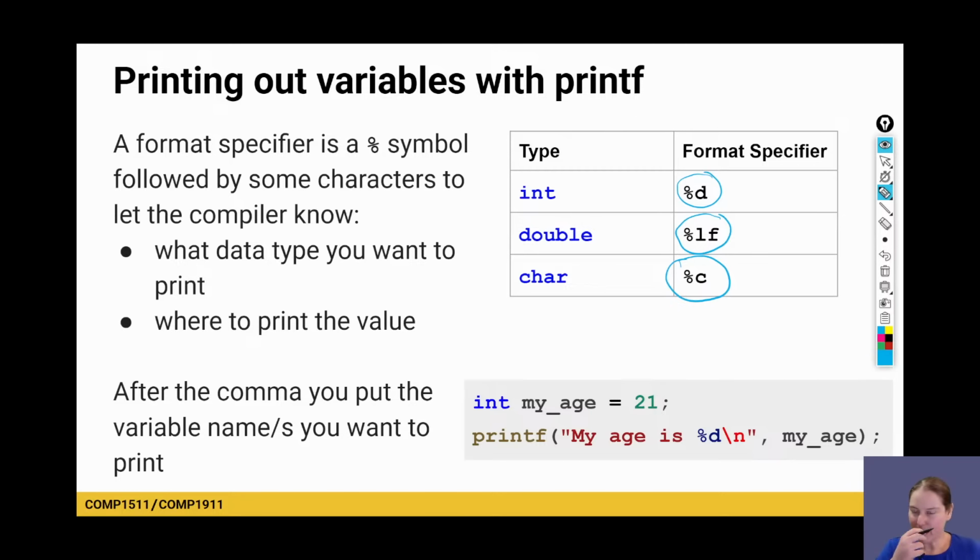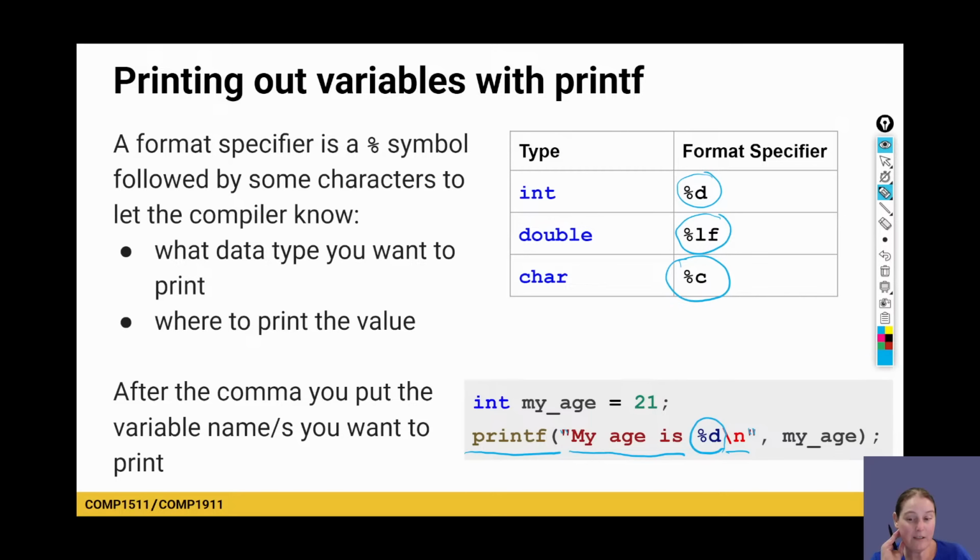Okay, but how do you use them? Well, down here's an example. I use printf. I still have these quotations that are enclosing what I'm printing. And here I'm saying, let's print out my age is, and this just means some integer, then the new line.